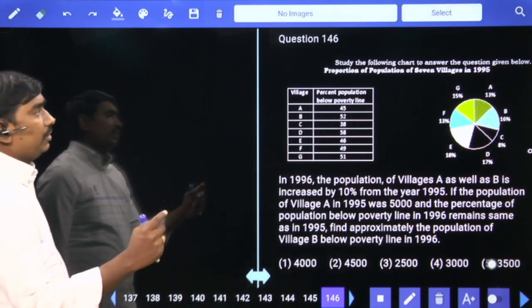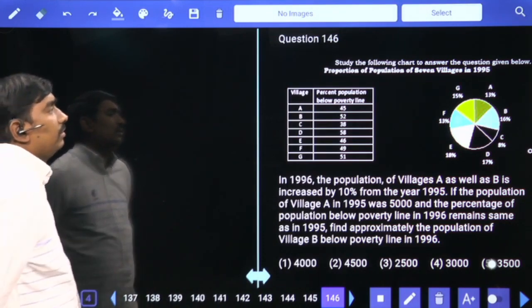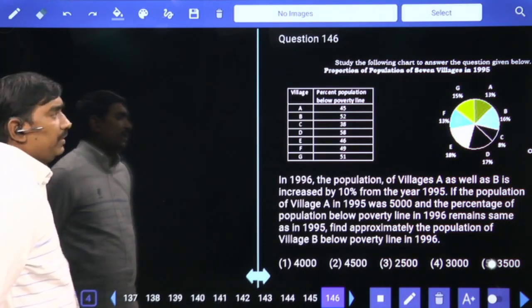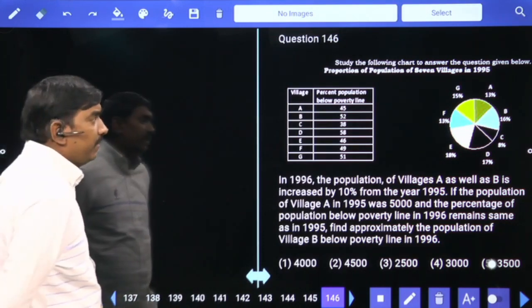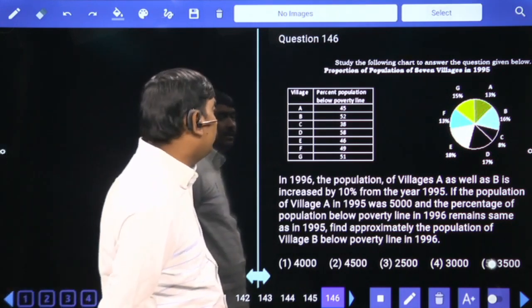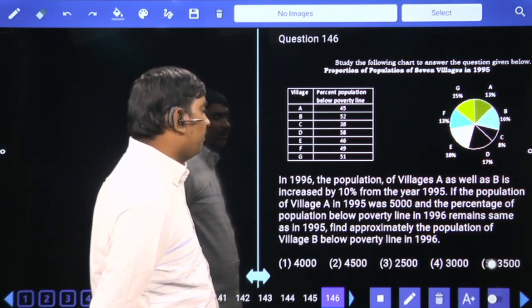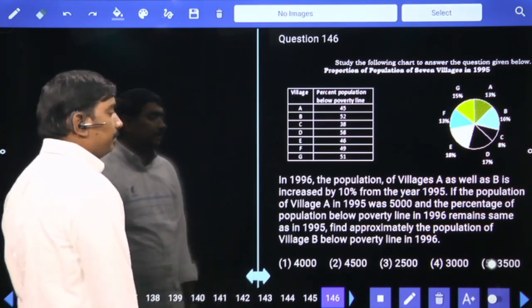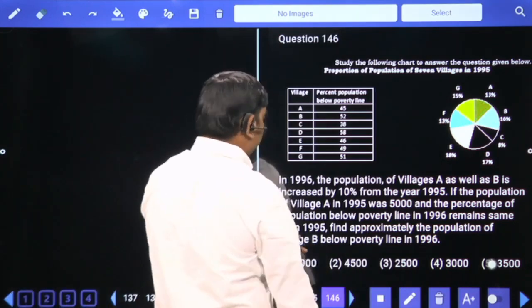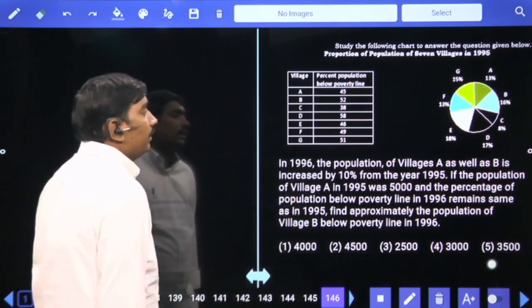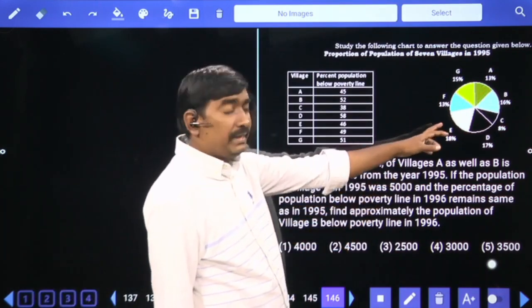Study the following chart to answer the given questions below. Proportion of population of 7 villages A, B, C, D, E, F, G in 1995, and percentage of population below poverty line. The given circle belongs to 1995.